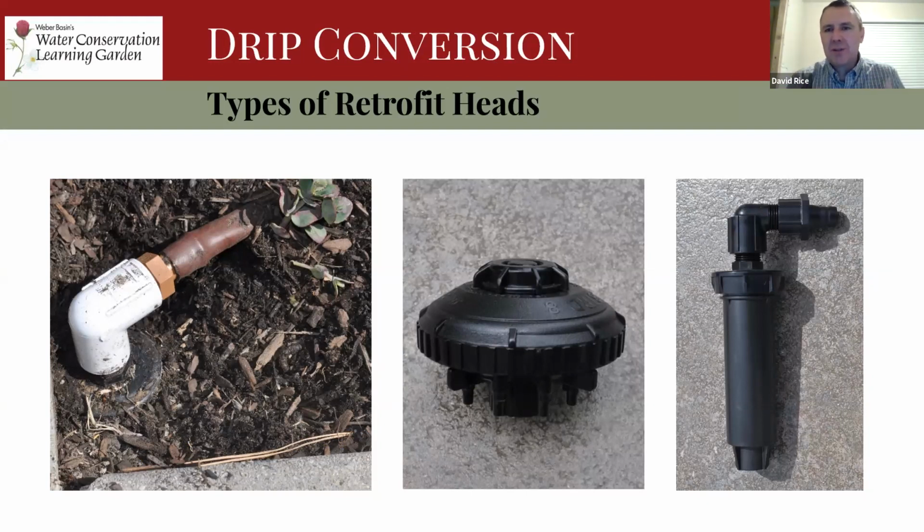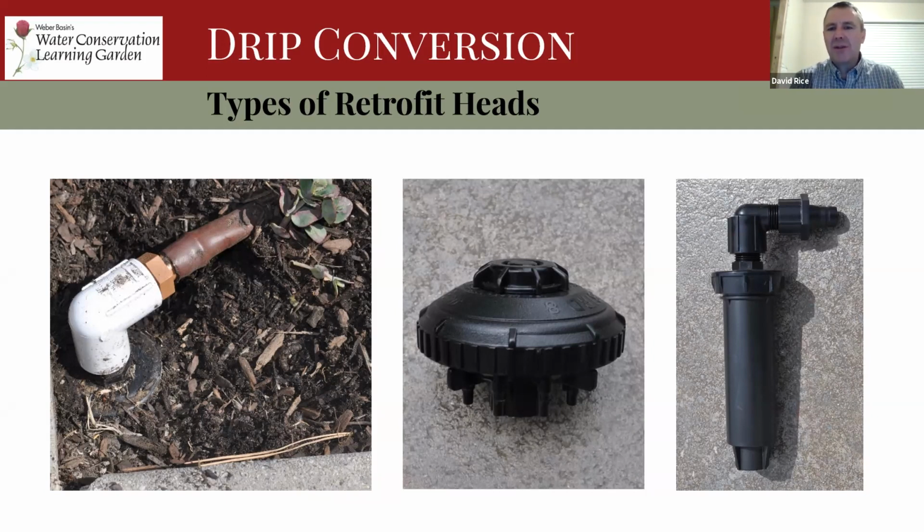The pressure regulation brought it all down. And from there, you're ready to go with drip tubing. So it's relatively simple. You don't have to dig up all your sprinkler heads. You do have to make some sort of separation, either back at your valve or right before the park strip area, to make sure you're not running spray heads and drip at the same time anywhere.